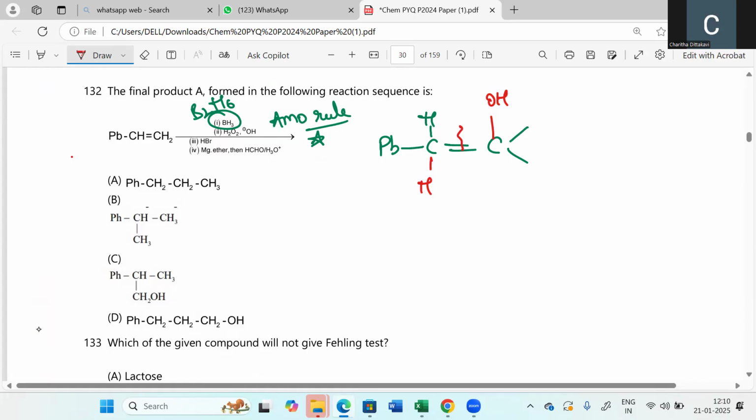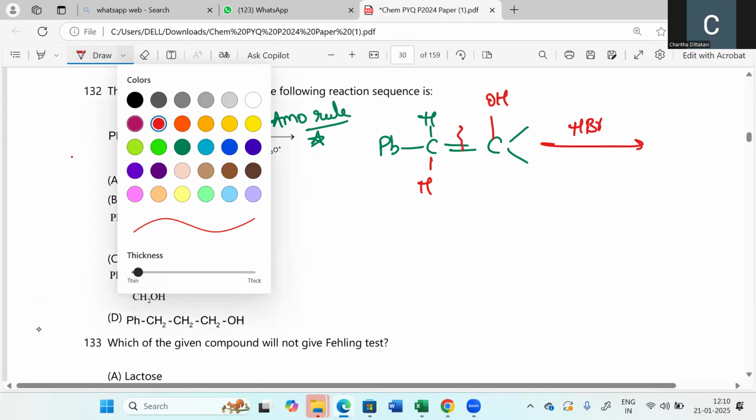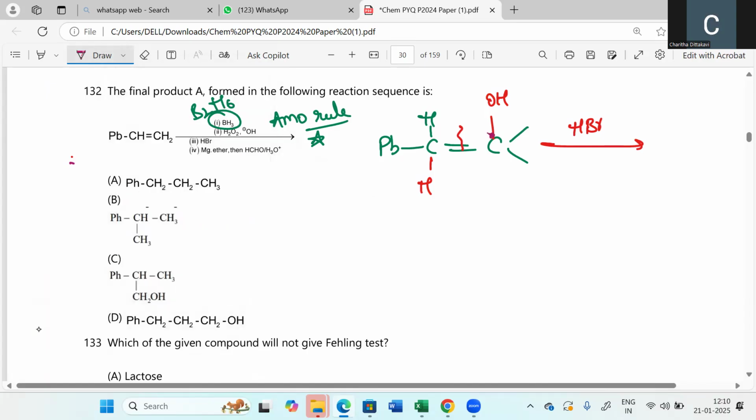Now once this is done, again in HBr what happens? Your OH minus will come out, right? Your OH minus will come out because one nucleophile attacks and the other nucleophile goes off. OH minus goes outside, Br minus inside, which means PB CH2 Br comes. At this position, look, you got the Br, bromine.